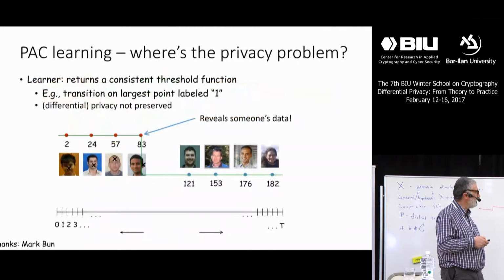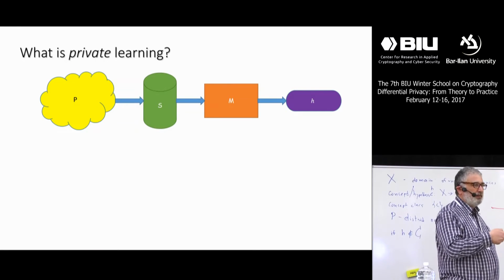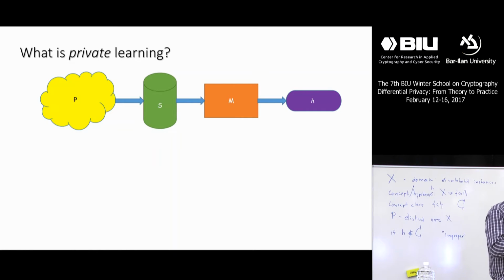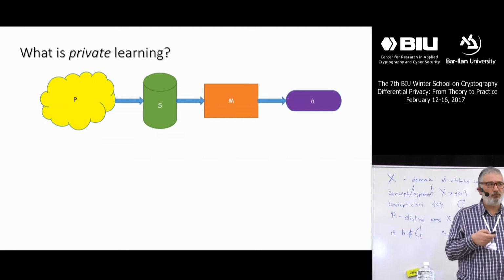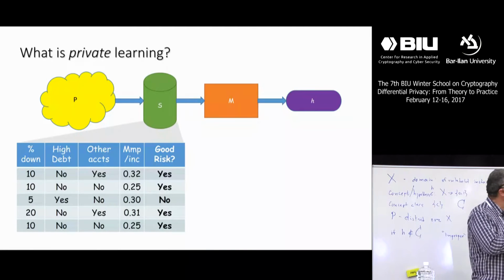Okay, so in private learning, we will try to prevent this and other potential privacy breaches from happening by requiring that not only the learner is a good learner, but also that it preserves differential privacy with respect to its input. Okay? So let's begin with some intuition.